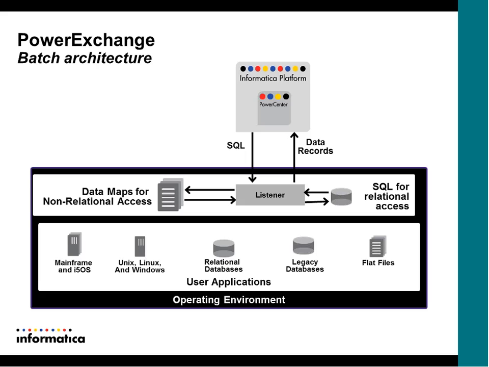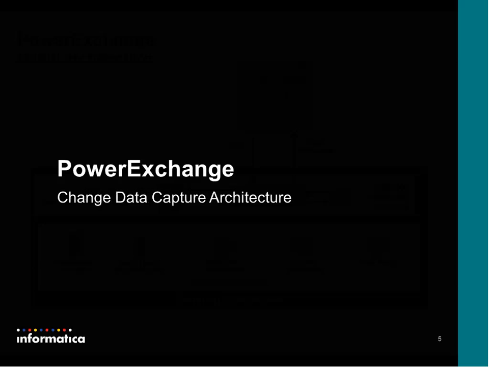So that's this batch architecture. In the batch architecture, it is the listener accessing the data source on behalf of the workflow of the session, running on the platform of the data source.